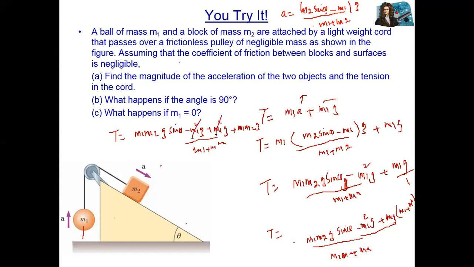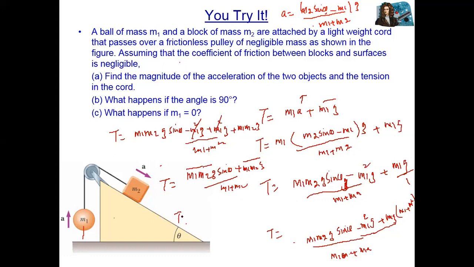Now M1 square G cancels. Tension is equal to what? Tension is equal to M1 M2 G into sine of theta plus M1 M2 G divided by M1 plus M2. From first one, M1, M2, G are common.